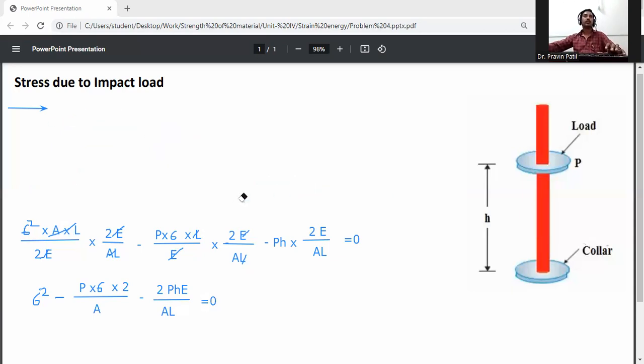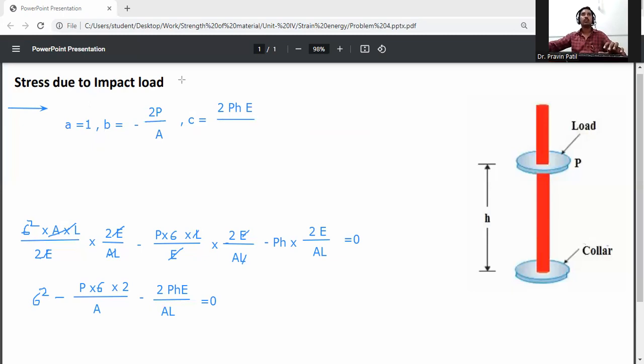Solve this quadratic equation. Here A is equal to 1, B is equal to minus 2p divided by A, and C is equal to minus 2phe divided by AL.